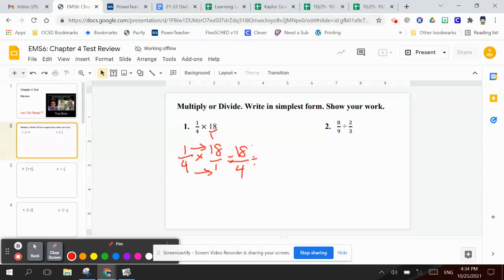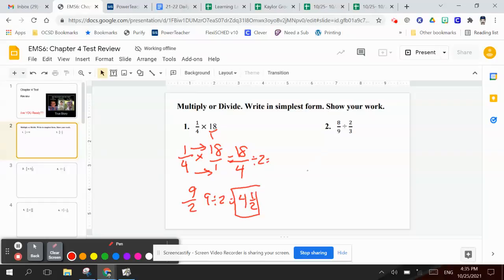I know that 2 is a factor of each, so I divide each by 2. 9 over 2. And if I put that into more simplest form, I take 9 divided by 2, and I get 4 1/2.